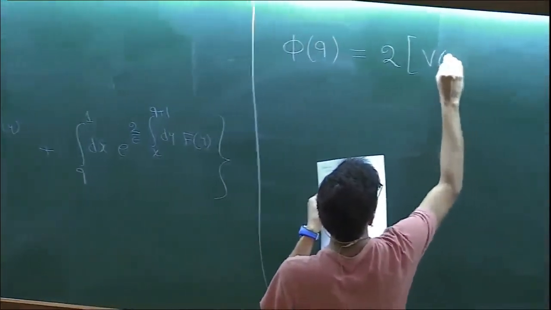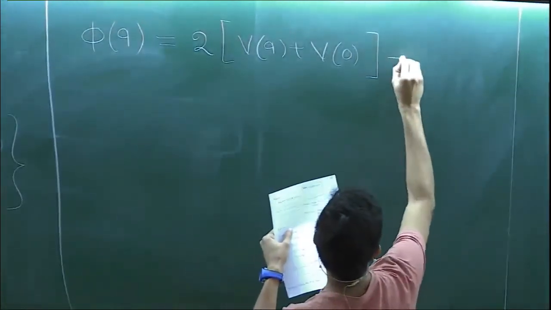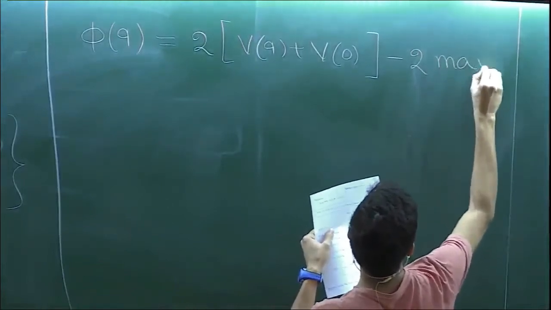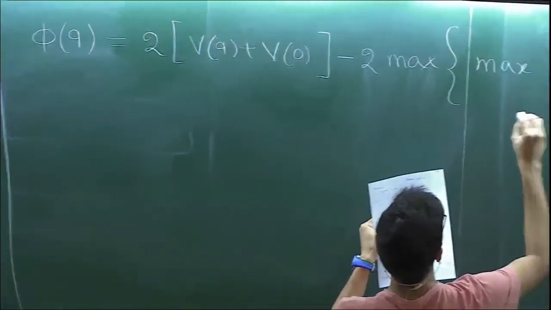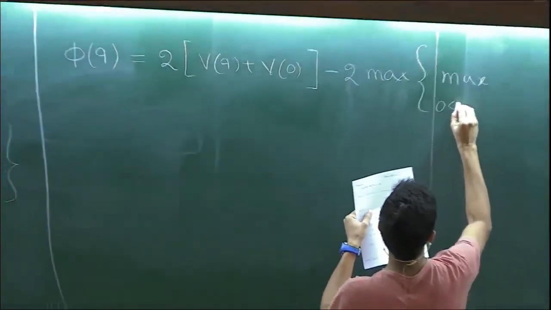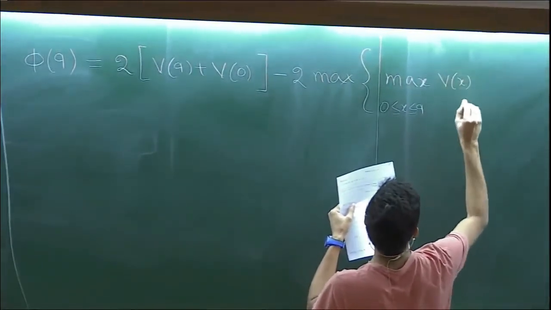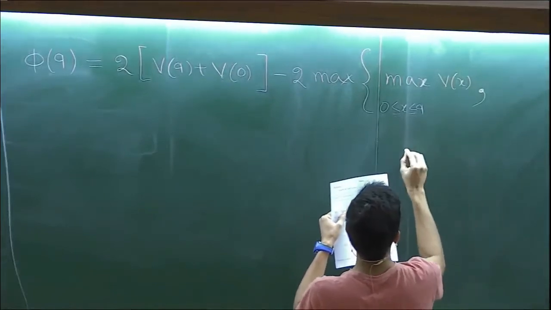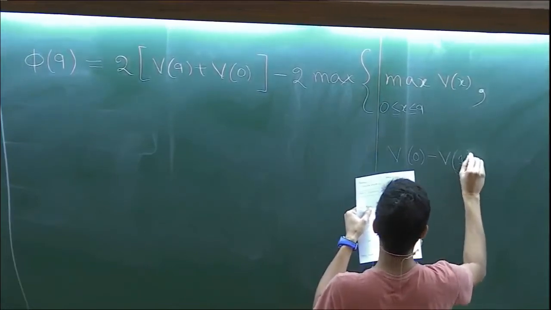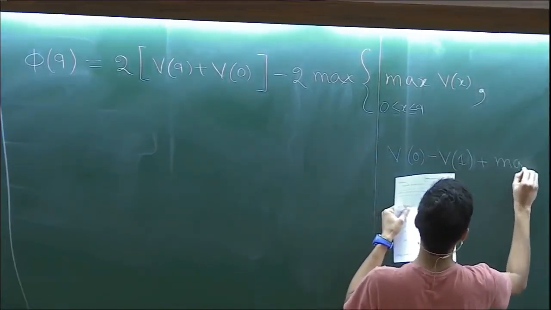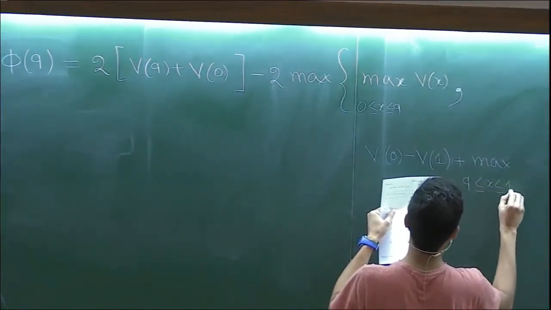So v of q plus v at 0 minus, so it's written in a bit strange way. You'll see that the non-analyticity actually comes from here. So max over x in range for v of x, then v at 0 minus v at 1 plus max, then q to 1.